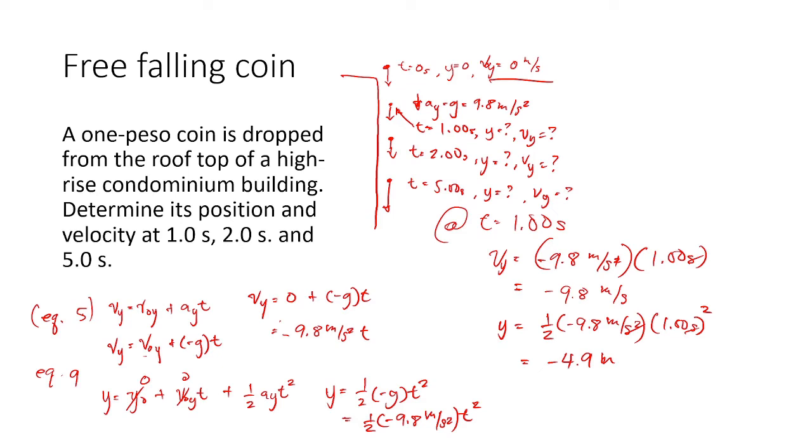So for 2 seconds, when we are talking about 2 seconds here, if our time is equal to 2 seconds, ganun lang din yung gagawin natin. Kung mako-compute natin diyan, our velocity will actually be negative 19.6 meters per second.